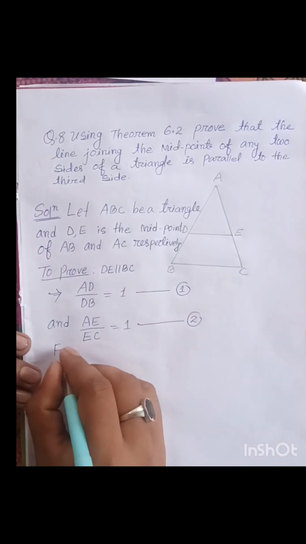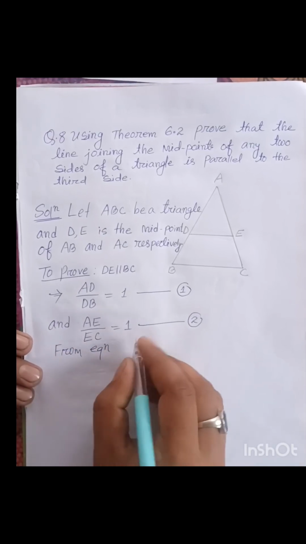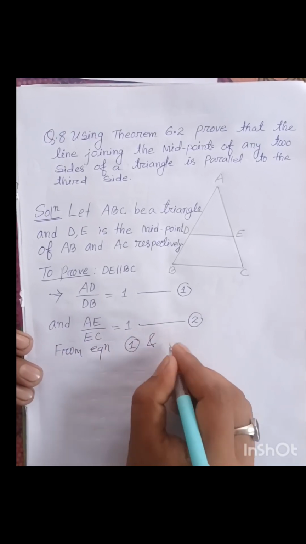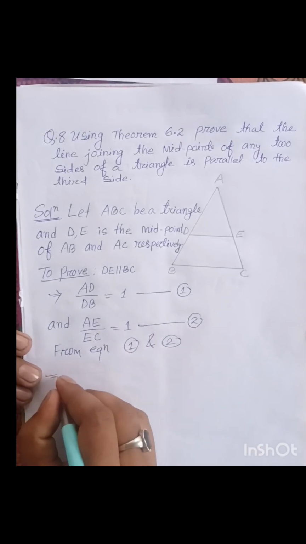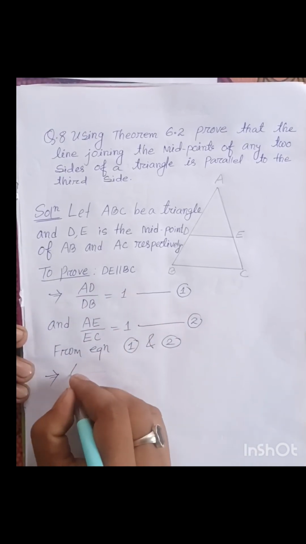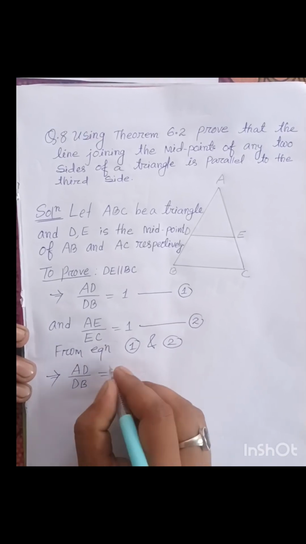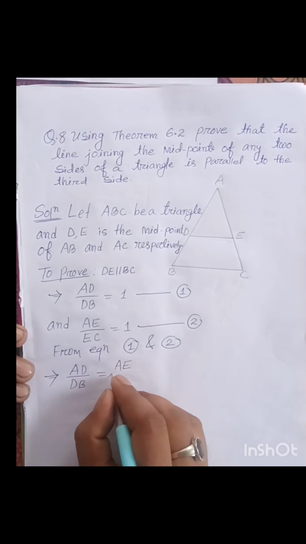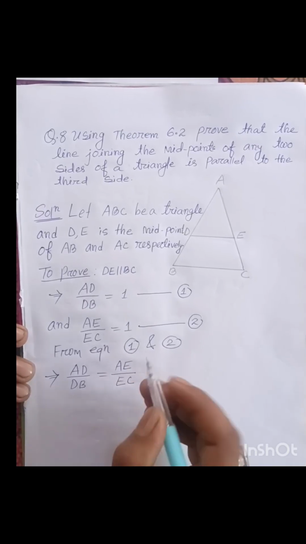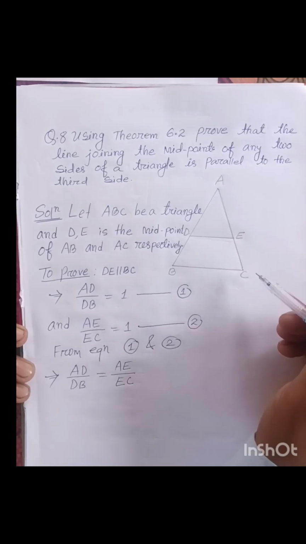Now from equation 1 and 2, I can compare these two, because here also 1, here also 1, means AD by DB equal to AE by EC.